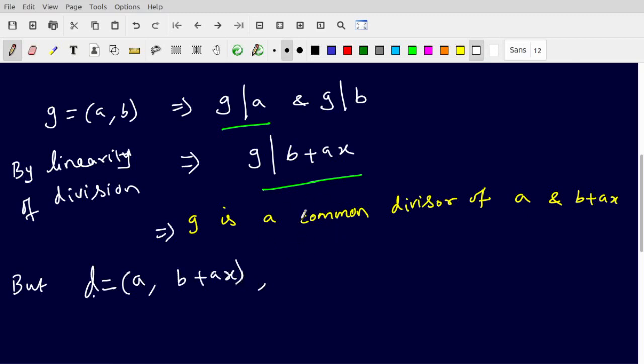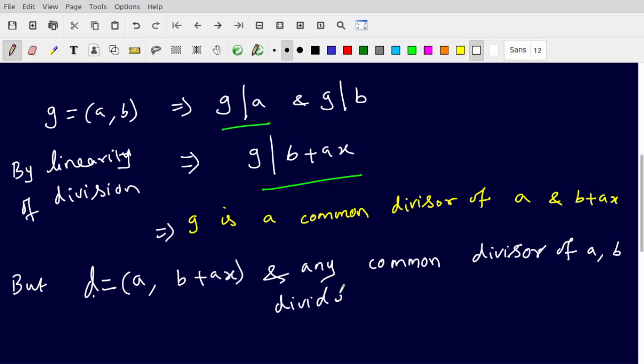Any common divisor divides the greatest common divisor. So any common divisor of A and B plus AX divides D, the greatest common divisor.